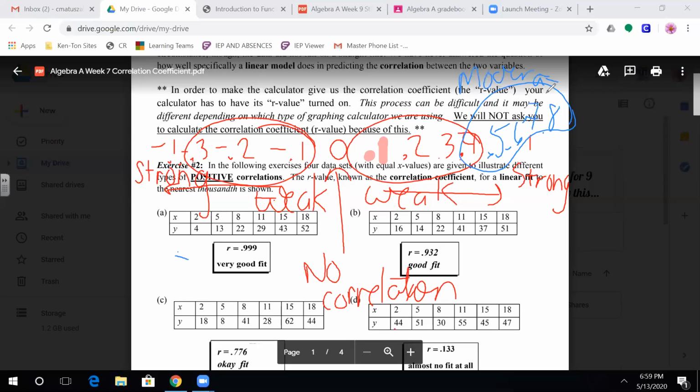I'm just going to put it down here, -0.4, -0.5, -0.6, all the way to -0.8 would actually be moderate. So 0 is no correlation. You go to the 1s, it goes stronger.